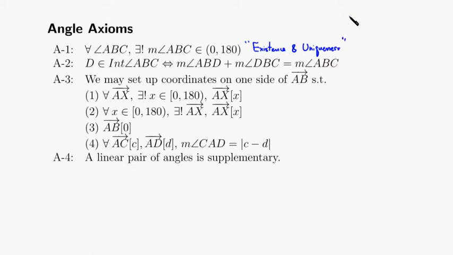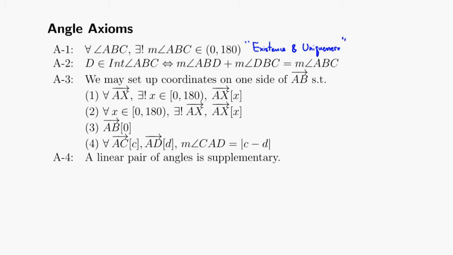of the measure. All right, and the next one says that you have an interior point D of angle ABC if and only if the measure of angle ABD plus the measure of angle DBC is equal to the measure of angle ABC.